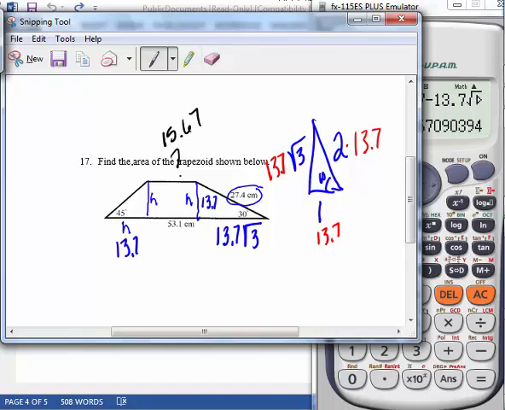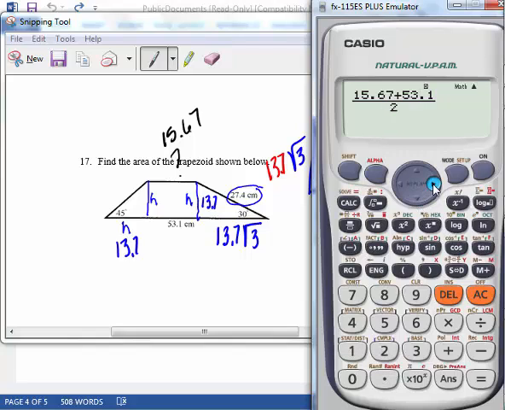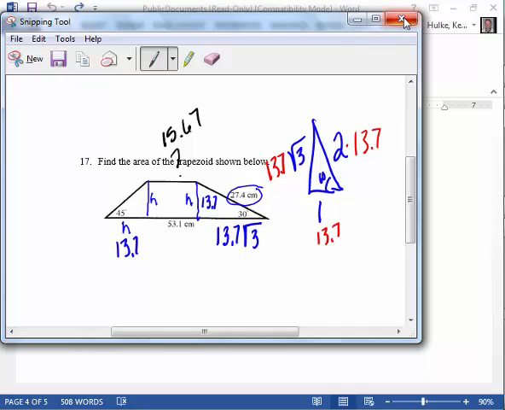So the area of this trapezoid is the average of the bases, 15.67 plus 53.1 over 2, that's how you find the average, times the height, 13.7, and you get 471, 3 sig digs, yep, 471 cubic or square centimeters.